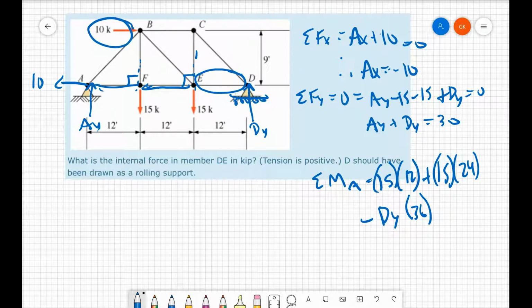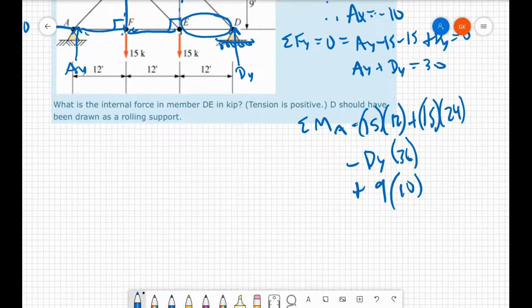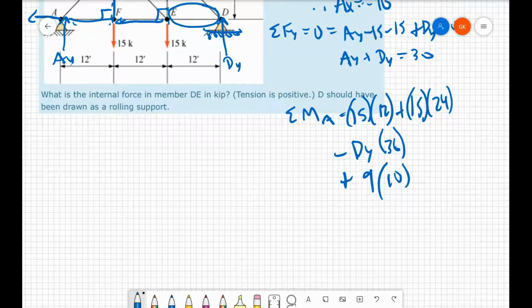So that's a distance of 9 feet. And that one is still going clockwise though, so plus 9 times 10. Okay. And if I solve for that, let's see what I get.